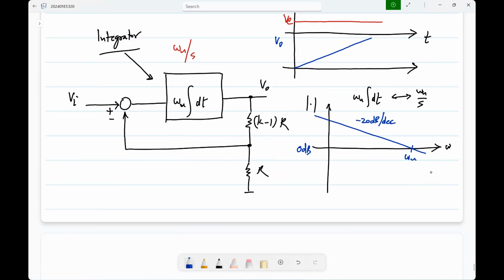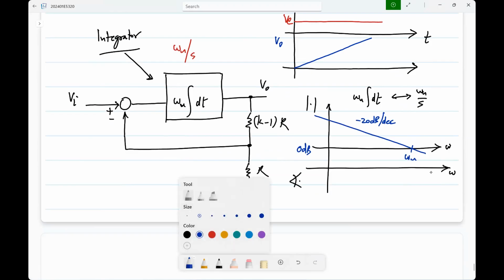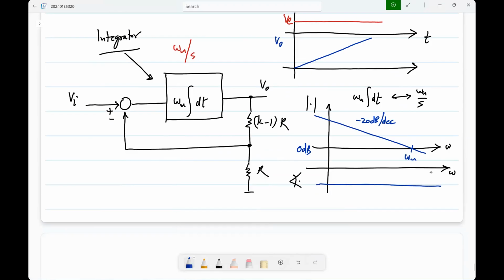So this omega u, in the frequency domain interpretation, is the unity gain frequency of the integrator. It's the frequency at which the gain magnitude of the integrator becomes unity. Just for completeness, what is the angle of this transfer function? It is minus 90 degrees throughout. Is this fine?